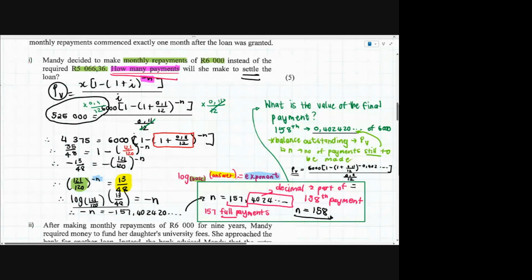So the monthly repayment is 6,000, but this exponent is now going to take the portion of it that I owe for this last little bit. So it won't be the full 6,000. It's going to work it out proportionally for me. The interest is also the same, 11% compounded monthly. And then we get an amount of 2,400 Rand 51 cents.